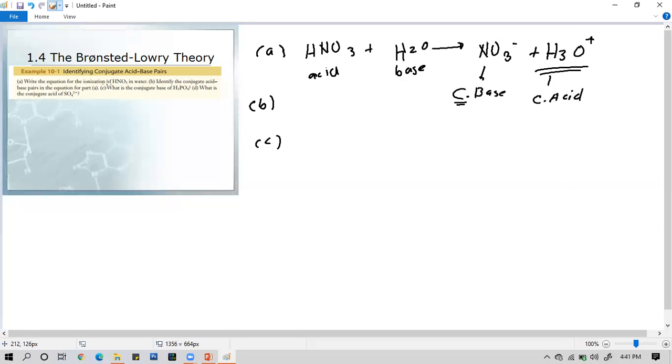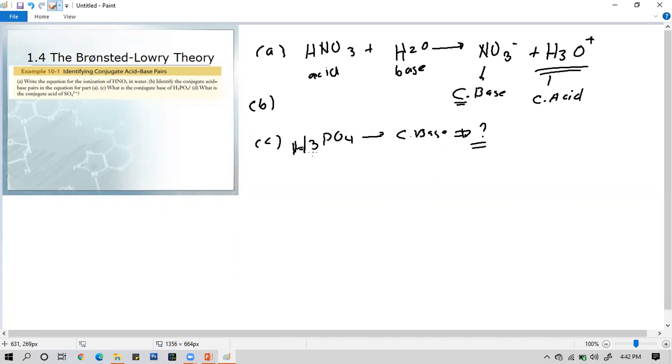Now for part C, what is the conjugate base of phosphoric acid? Ano daw yung conjugate base ng phosphoric acid natin? Okay, sir, what is the concept of conjugate base po ba? When we say conjugate base, it involves the removing of the hydrogen ion in the compound.